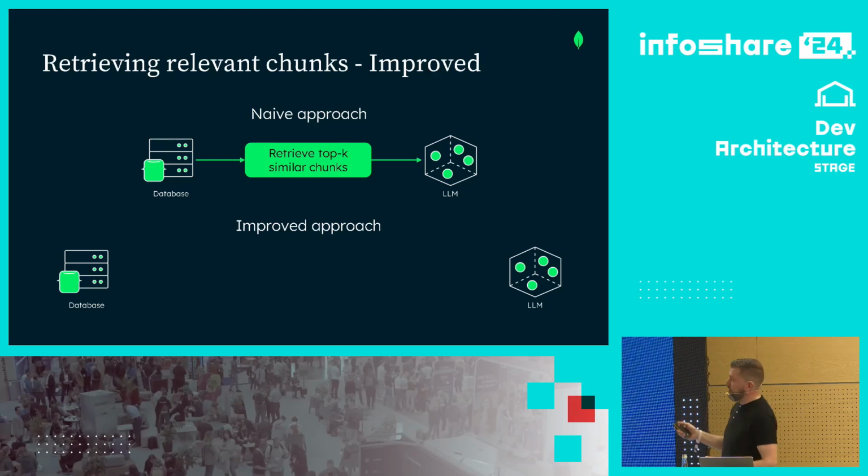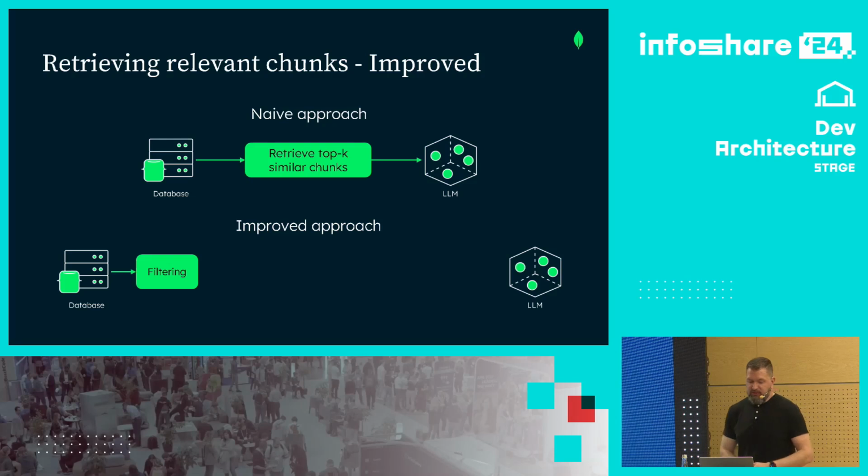Instead of this one-step process, we could add a filtering stage. This filtering layer would only retrieve candidates that match certain criteria. And so this goes back to having your operational data next to your vector data so that you can use that metadata in your operational store to do this pre-filter ahead of time. Then we'll do our vector search, retrieve the top K results using nearest neighbor search.